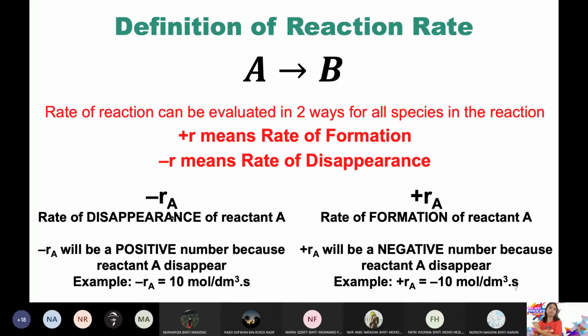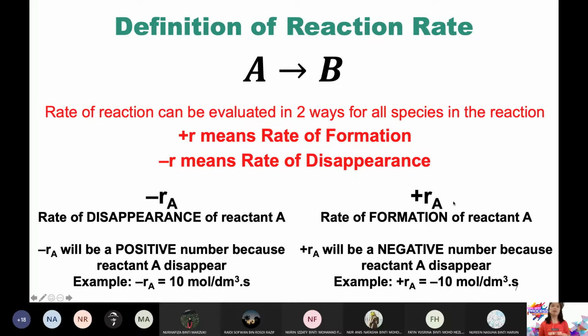On the other hand, let's say kamu nak tulis rate of formation of A pun boleh. So rate of formation, R, formation positive, A to show the compound A. So it becomes positive RA.